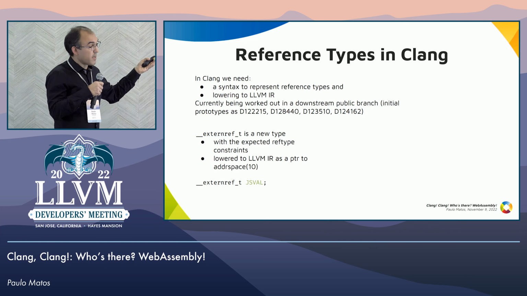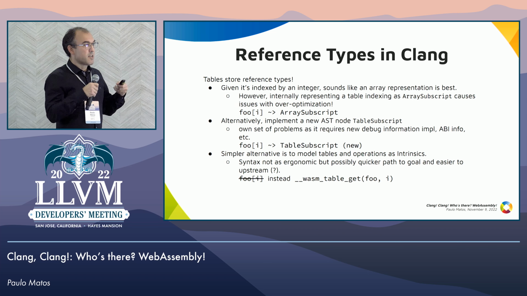The problem is that tables are what has taken the most time for us, because tables almost feel like arrays. But when we try to implement them as arrays, so using array surface syntax and array lowering, which is the first bullet point, representing tables as arrays and then using array subscripts to do stores and loads from tables doesn't work so well.